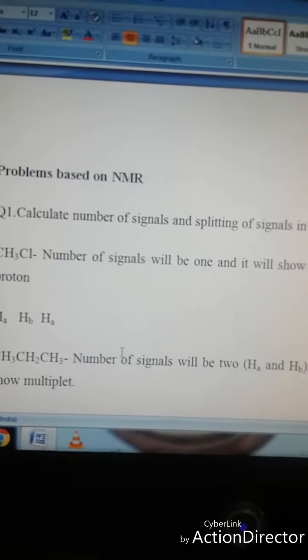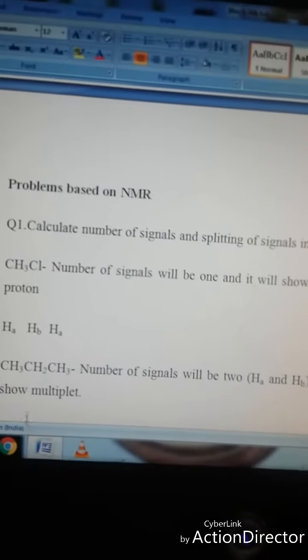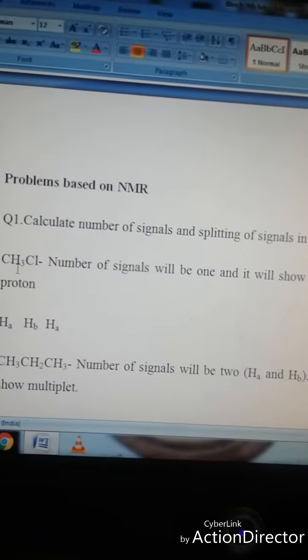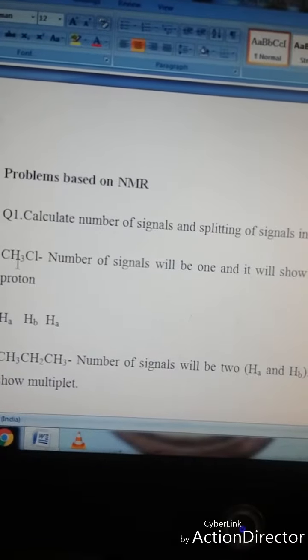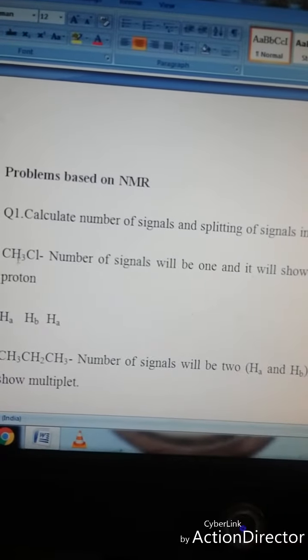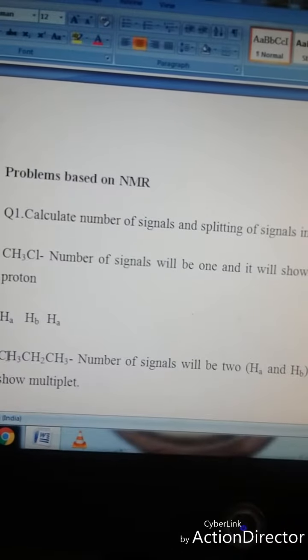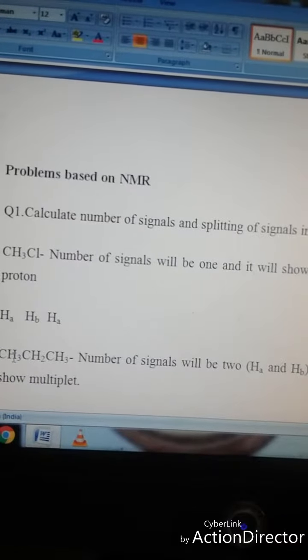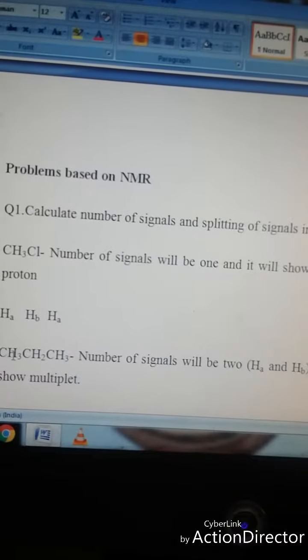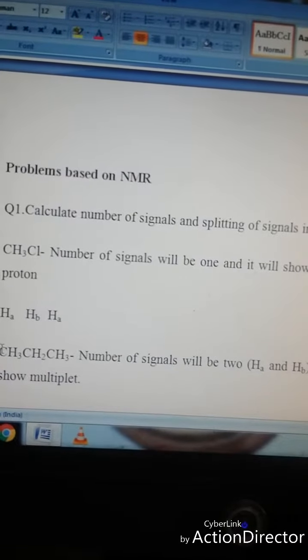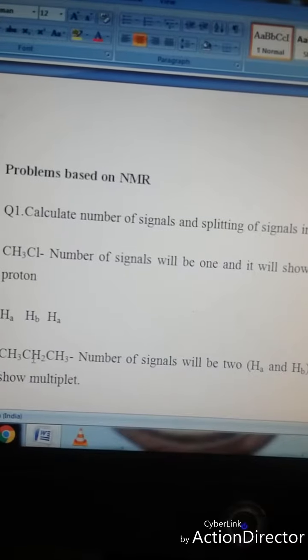To solve a few problems, let us find out the number of signals in CH3Cl. CH3Cl will show one signal because only one type of proton is present. Now CH3CH2CH3. If you see this CH3, it is different from this. So I am writing Ha, because these 3 protons are attached to a carbon which is attached to a carbon with 2 protons.